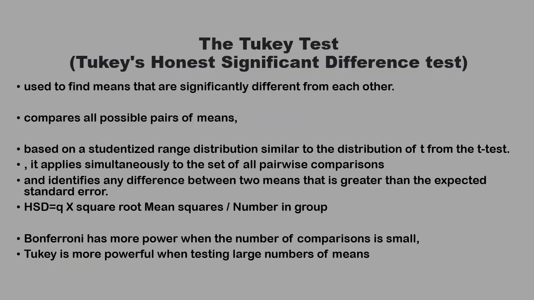The third way is the Tukey test. It has an interesting name: Tukey's honest significant difference test. Here you apply a different formula, you take a different approach. There are certain constants that you take from tables, depending on the degrees of freedom and the number of tests, and there's a certain equation that the software would calculate, again depending on the differences in the mean squares and the number of individuals in each group, and it will come up with a certain number.